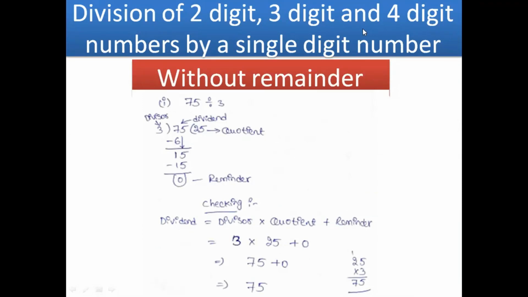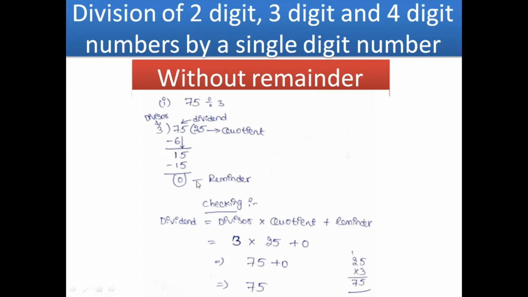Division of 2 digit, 3 digit and 4 digit numbers by a single digit number without remainder. See here, 3 is the divisor, 75 is the dividend. 3 2 ja 6, 7 minus 6 is 1. Write it down, 5 as it is. 3 5 ja 15. 15 minus 15, 0.